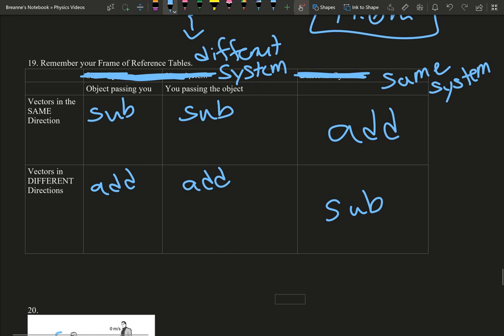So if the object is passing you, so if you're in a vehicle and a vehicle starts passing you, the object's direction does not change.